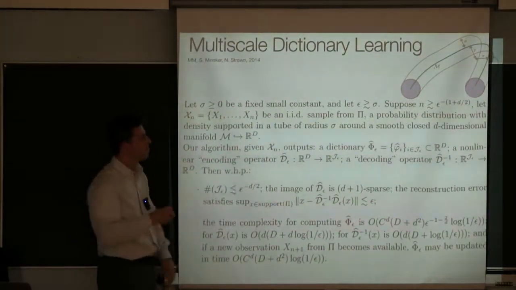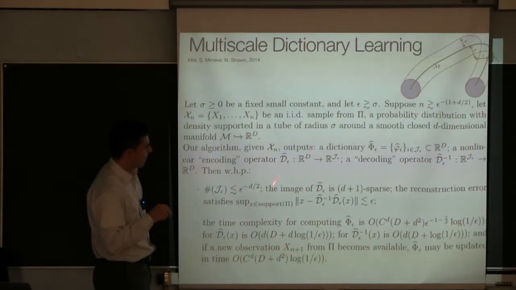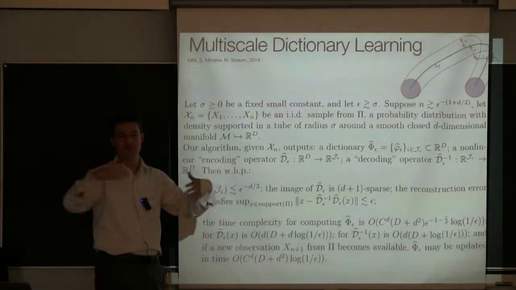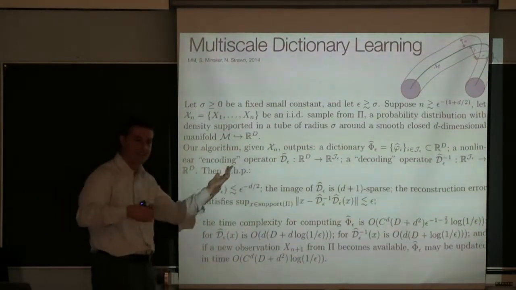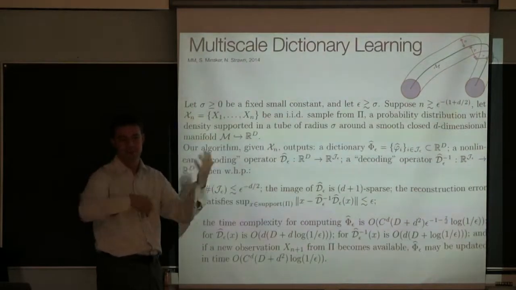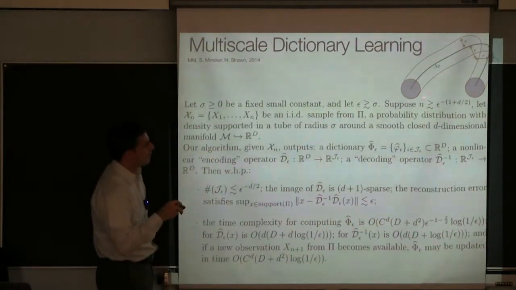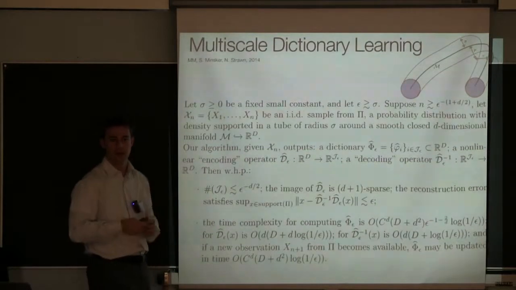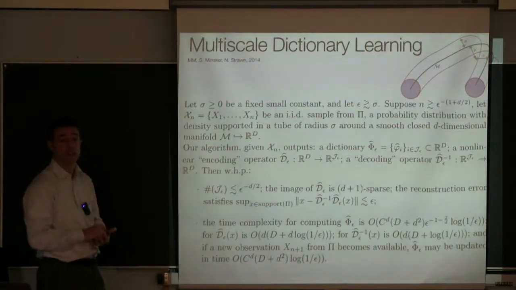Which, by the way, I don't think is needed, because if you have a probability density, it decays at a certain point. If it was not bounded, given n samples, you truncate at the right level, and then it's bounded. But we also assume that the probability measure pi is absolutely continuous with respect to the Lebesgue measure in the tube. So it doesn't blow up, it doesn't do anything odd inside the tube.